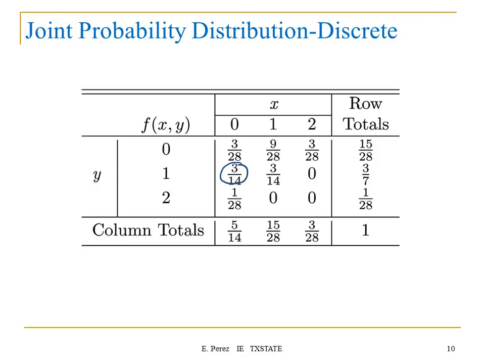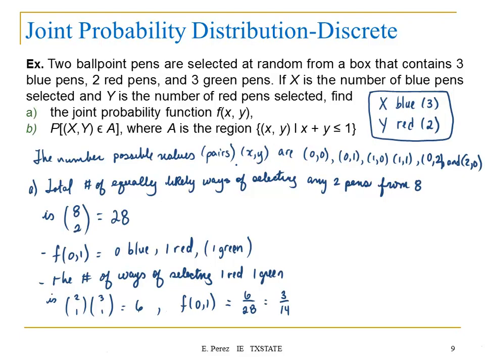Okay? And I know that you have said that x and y could have the reverse function, x 0, y 0. Yes, it's saying that the probability is 3 over 28. This is the probability. 0, 0 means that you have 0 blue and 0 red.